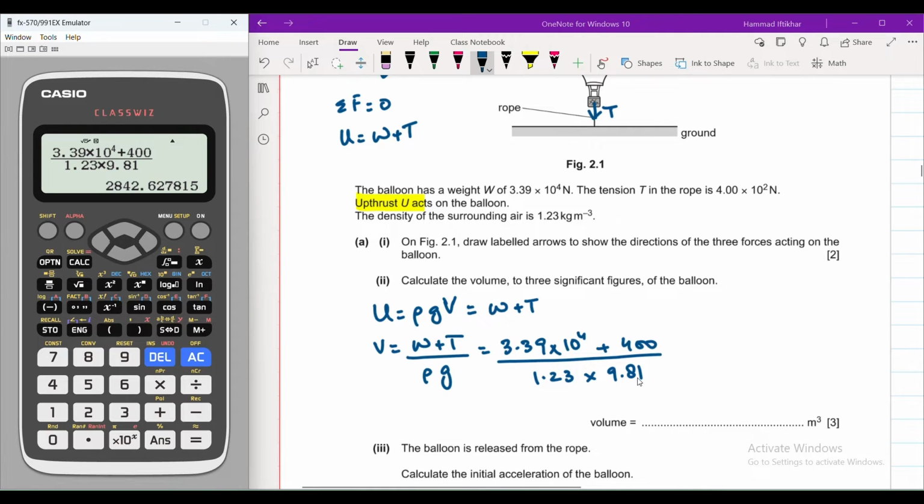This is 2842.6. We have the data in three significant figures, so let's keep it to three significant figures. The final volume that we'll actually write is 2840 meter cube.